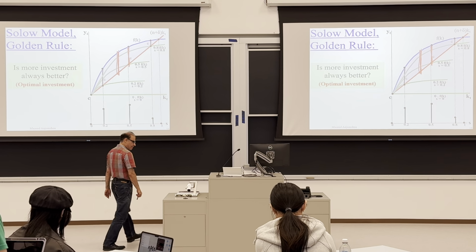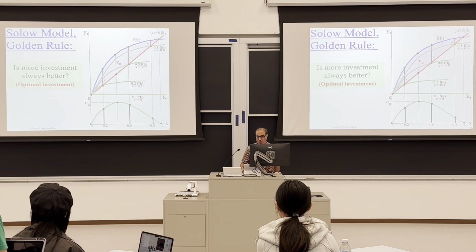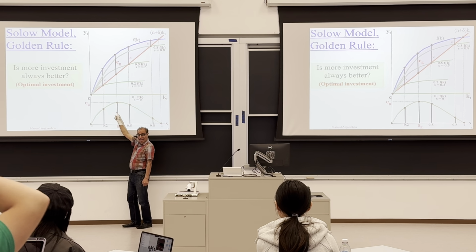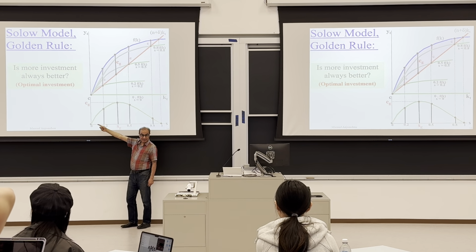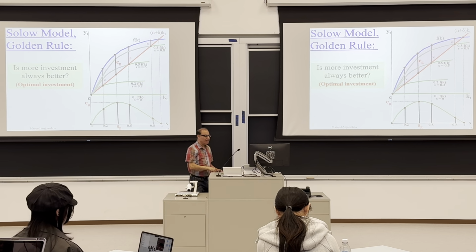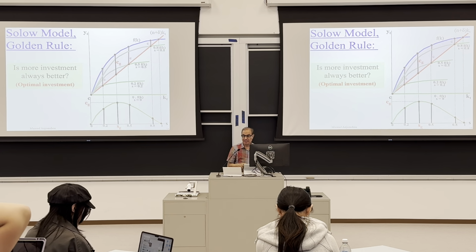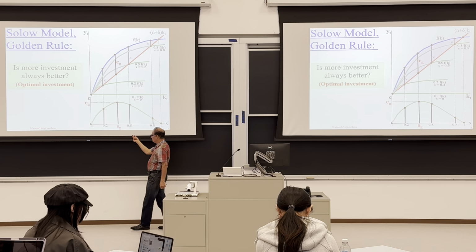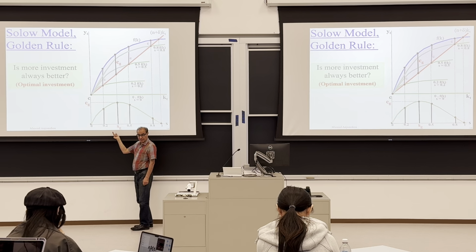Okay? So guys, I need to find, so you see, I want that. Is that right? This saving rate maximizes consumption. Because here we have maximum consumption, maximum thickness of the lens. So this is the optimal saving rate, and optimal saving, and optimal investment.